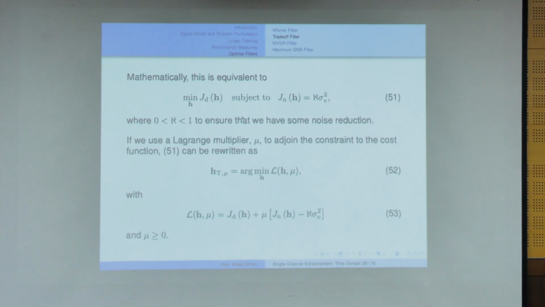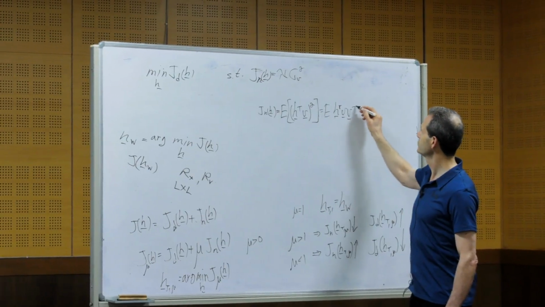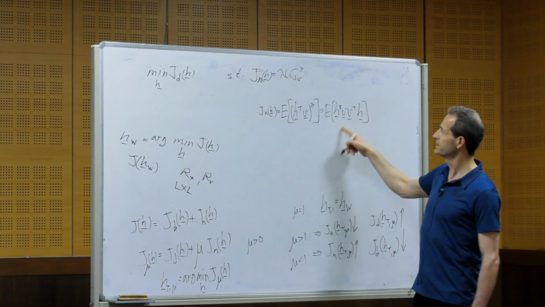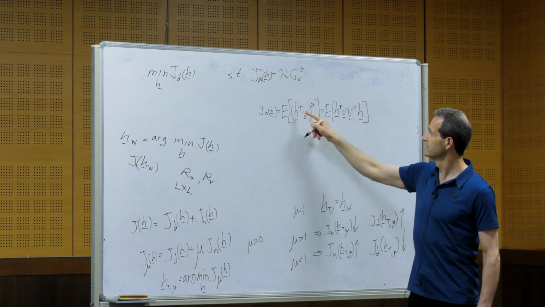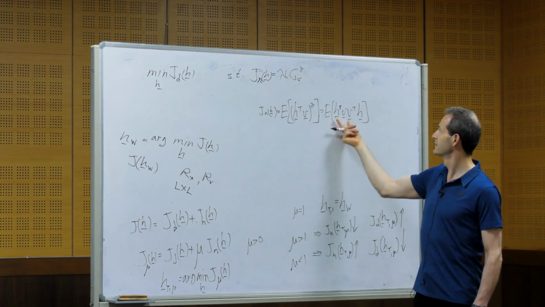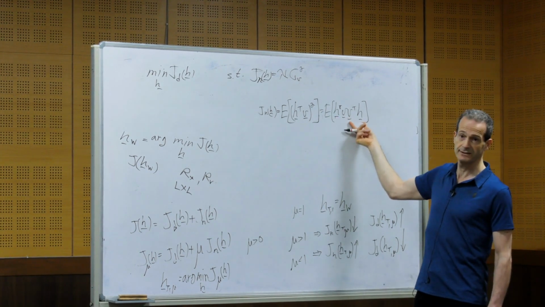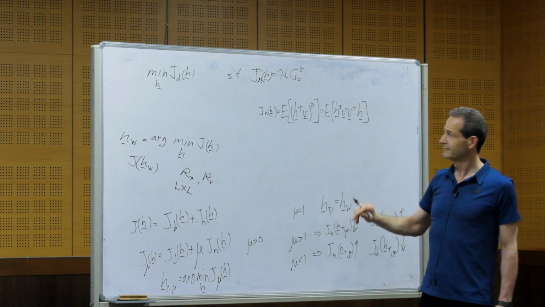So this is the expectation of h transpose v, v transpose h. It's the same, but it's more convenient to write it this way because this is a scalar. So I write this scalar differently, one here, one here. But it's the same scalar because the scalar transpose is the same.